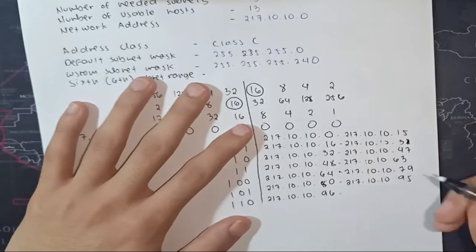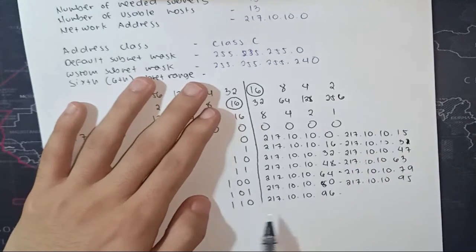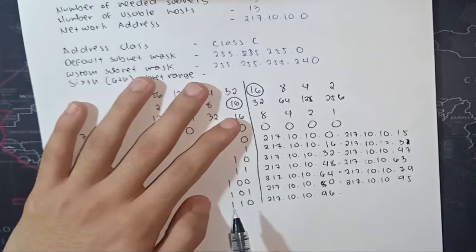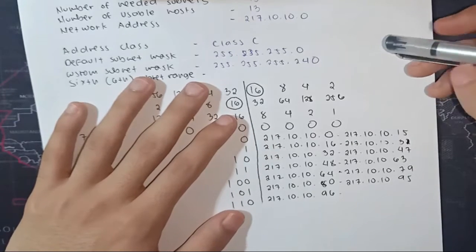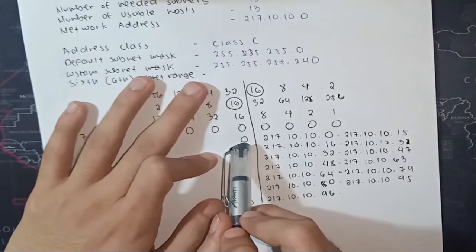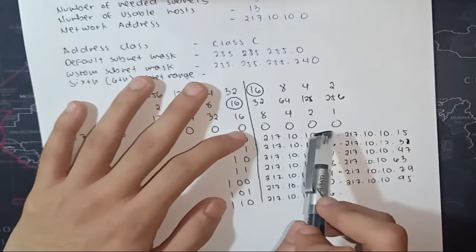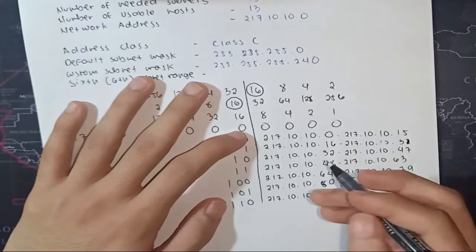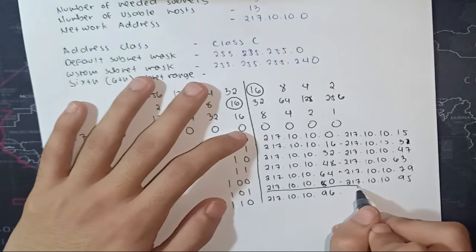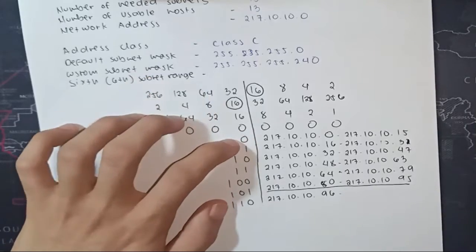Since we don't have the next binary, we're just going to count from here to the 6th, which is 1, 2, 3, 4, 5, 6. So this will be the 6th subnet range.